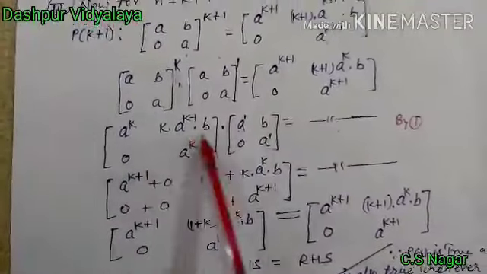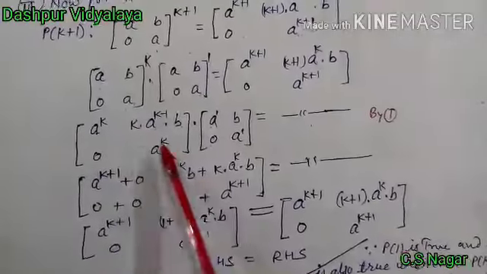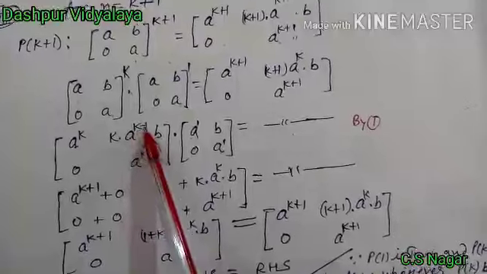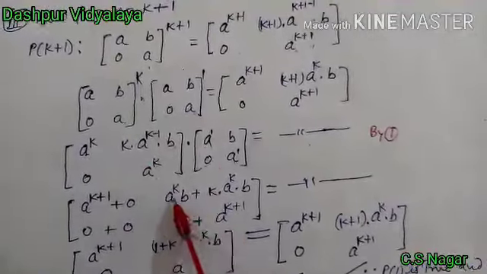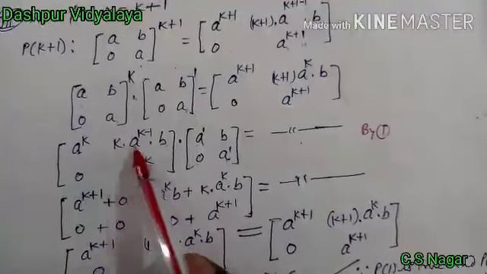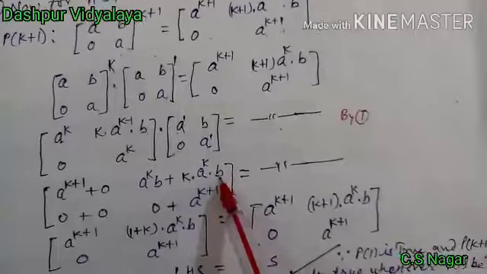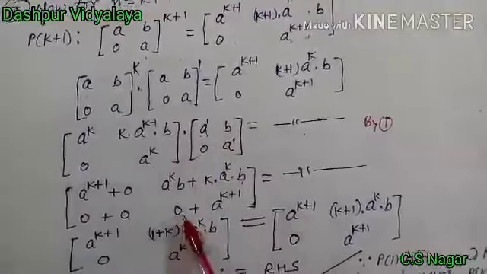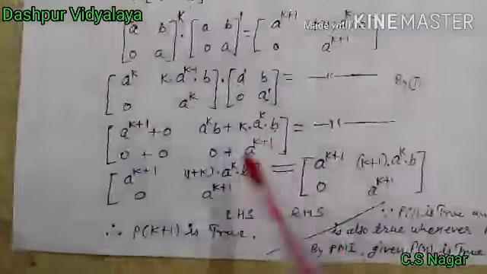Now first row, second column: a^k into b, that is a^k b, plus the second element multiplied by a, so it will be k a^k, and this is b. Last, second row, second column: 0 into b is 0, a^k into a means a^(k+1).